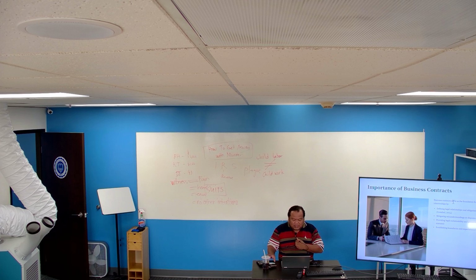So what are the importance of business contracts? Number one, it defines the legal relationship and the obligation between the parties. Okay? What do you expect from me and what do I expect from you?